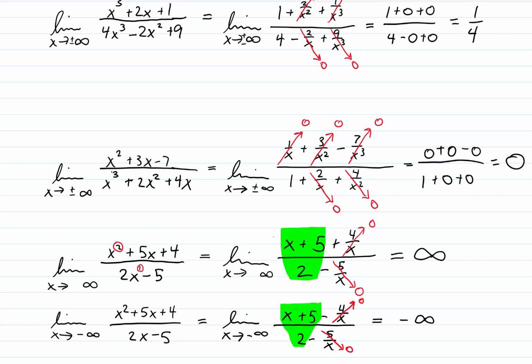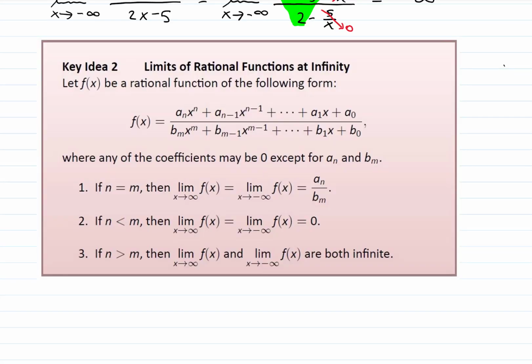Okay? And I'm going to put a box here from the book to summarize all of that. What this box says is exactly what I just showed you. So let's just go through it. So you have here a rational function.